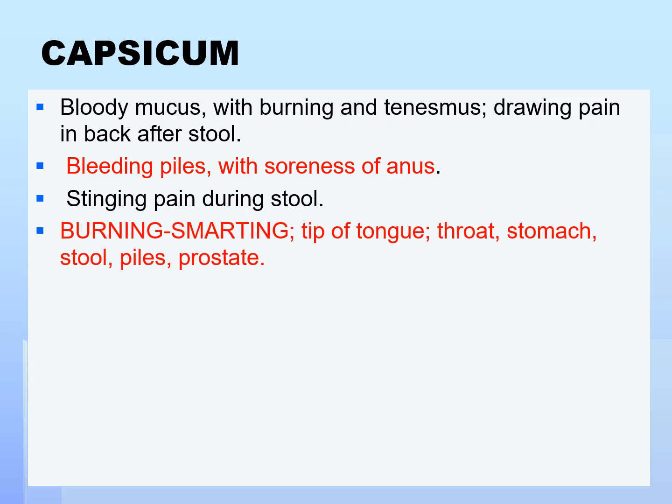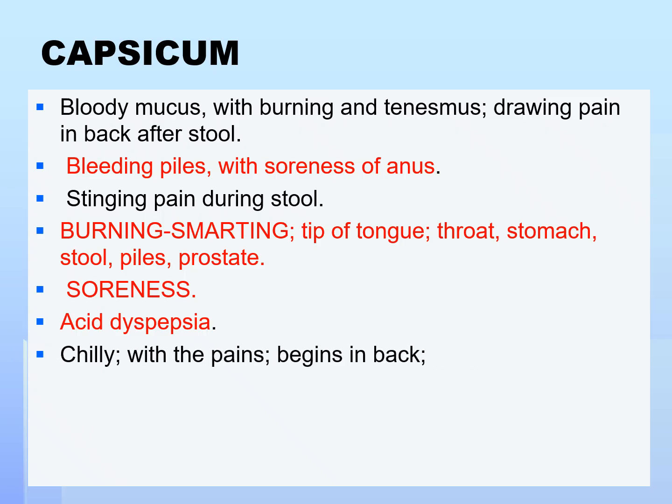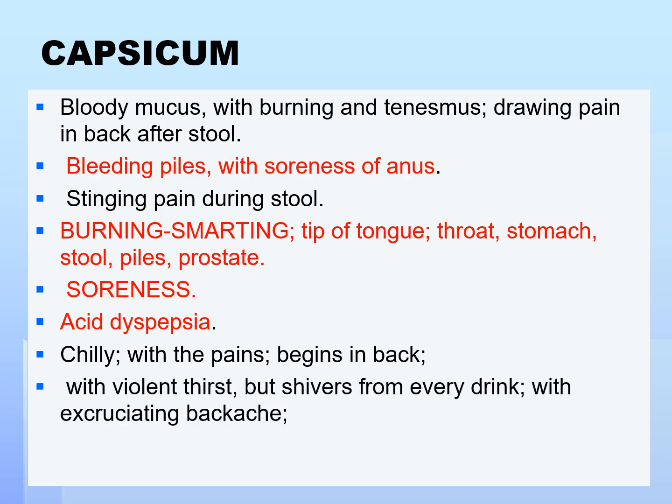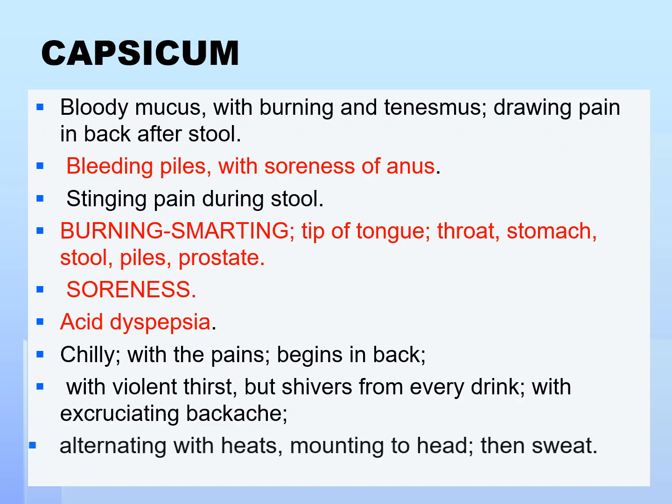Patients are typically chilly with pain, often starting in the back and severe backache that may alternate with heat and swelling. The mucous membrane may appear dark red, spongy, and oozing bloody mucus. Emotionally, patient may be irritable, easily offended, moody, and restless, sometimes showing alternating laughter and weeping with disturbed sleep. So, patient is moody. This symptom is also important and a keynote feature of Capsicum.